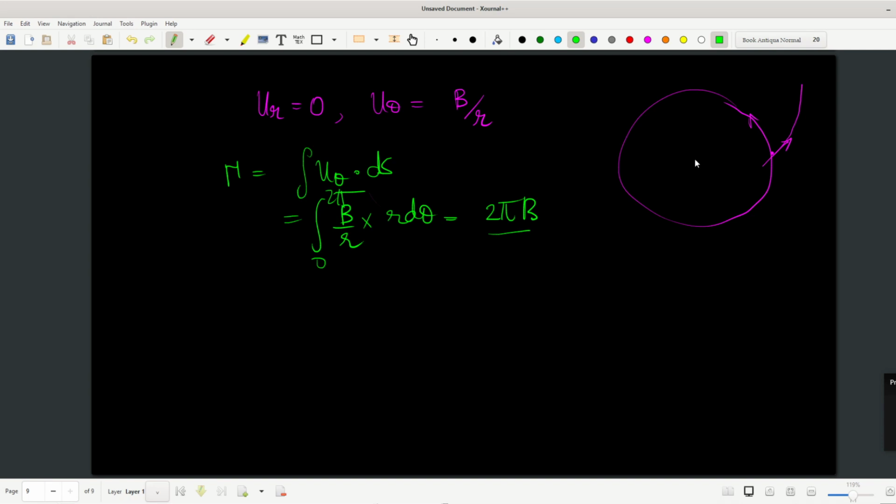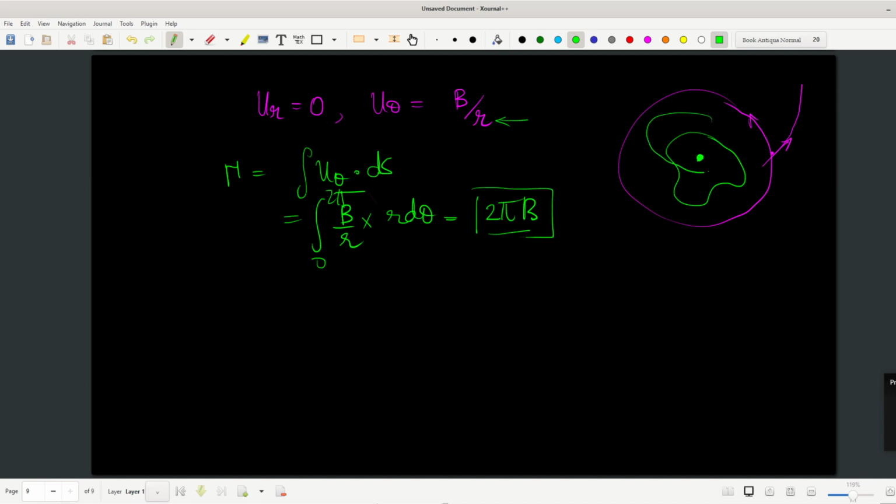So as long as, okay, there's a small caveat in this, and people who remember a bit of complex theory: r equal to 0 is like a point of singularity. So as long as you draw a contour which contains the origin, that is the point of singularity, this will be the value of the circulation.